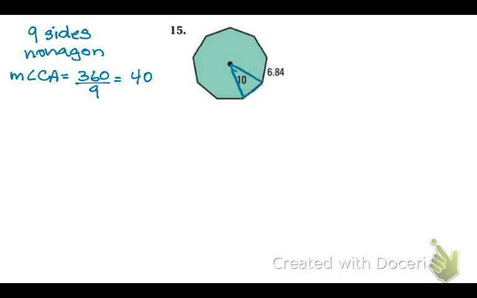We know that the central angle is equal to 40 degrees. So how do we figure out the area? Remember, we have our two equations, A equals 1/2 AP, and A equals 1/2 A times the number of sides times the length of the sides. So we can go either way.